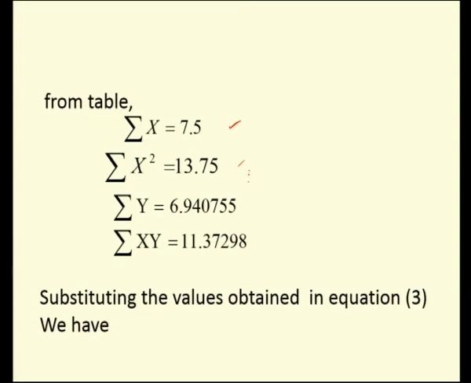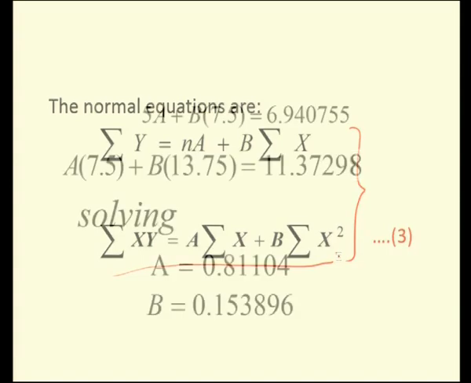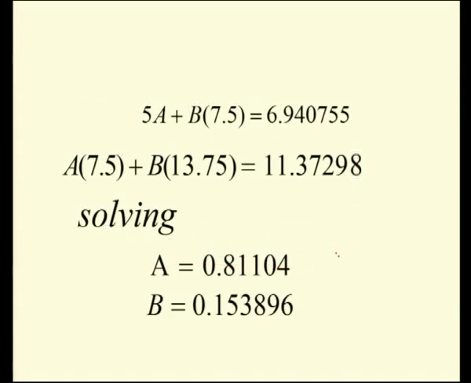So substitute the given values in the normal equations, that is, in these two equations we substitute whatever values we have obtained. So we get 5a plus b into 7.5 equal to 6.94755, then a into 7.5 plus b into 13.75 equal to 11.37298.